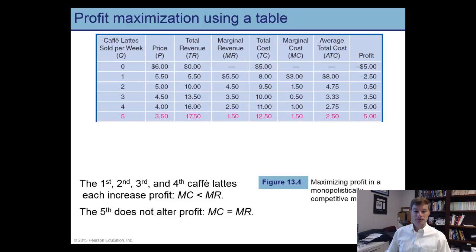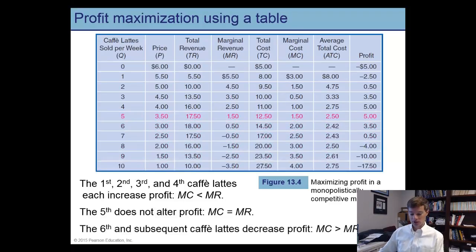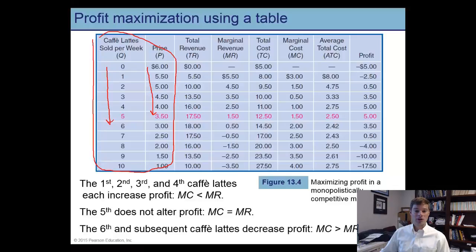For example, let's suppose that the first two columns in this table give us the monopolistically competitive firm's demand structure. You'll see that when the monopolistically competitive firm lowers the price, more units of output are demanded. So we can get total revenue by multiplying quantity times price.